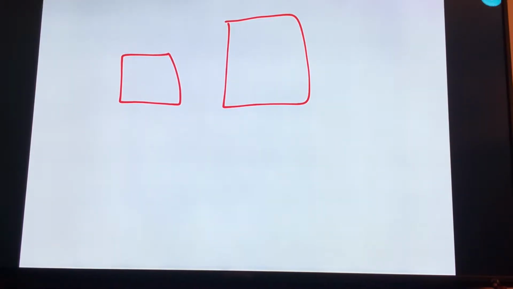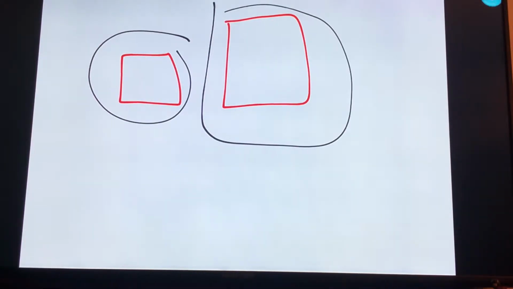Squares, but probably not going to be the same what? Measurement, I'd say, because it looks to me like this guy's a little smaller than this guy. So that's what it's talking about. You can have two of the same objects, but even though they look the same, they're probably going to be different sizes and have different measurements.